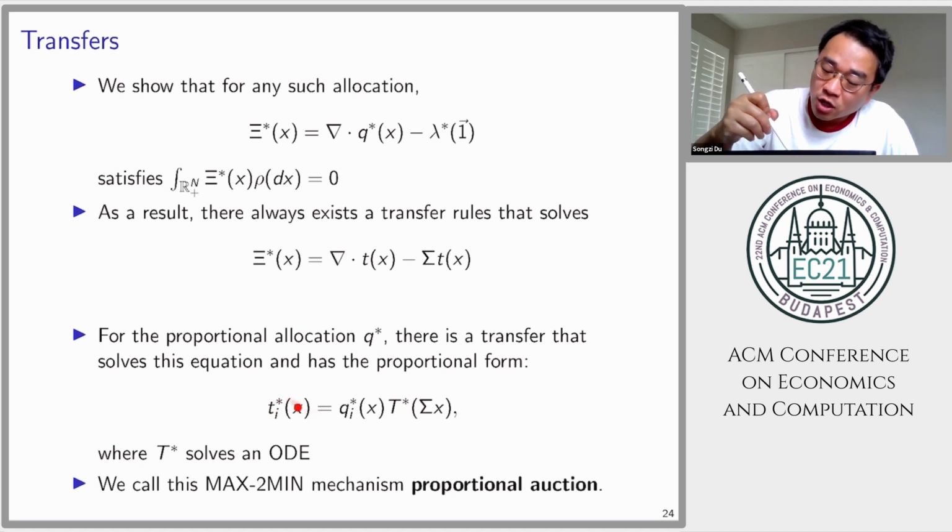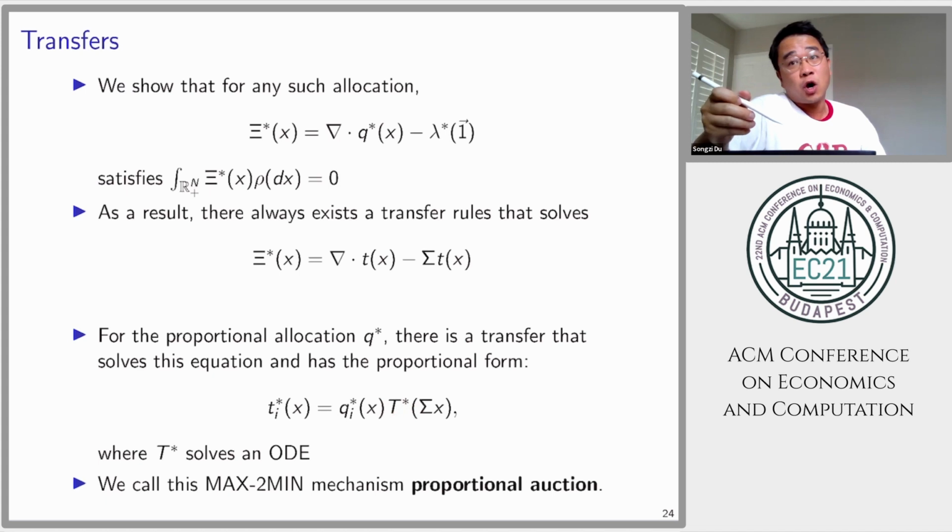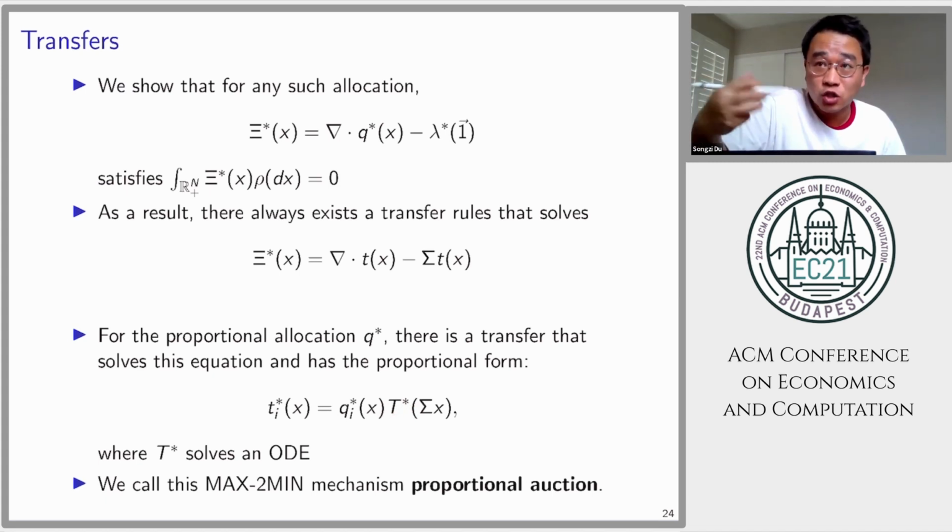Turns out that the transfer is also proportional. This also solves this partial differential equation, right? Turns out that what is nice is that the total transfer, the total revenue that the bidder pays, is a function only of the total bids that everyone submits in the auction.